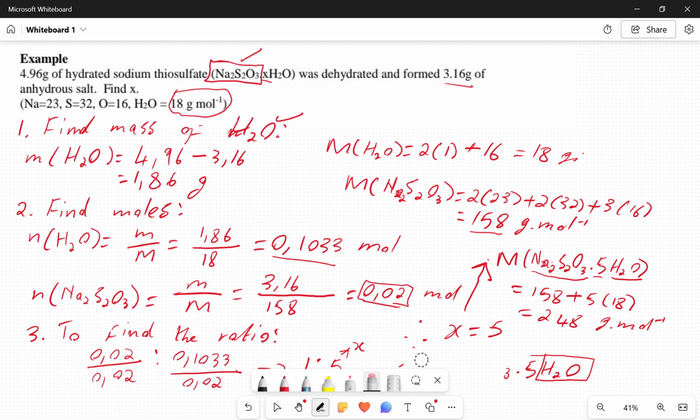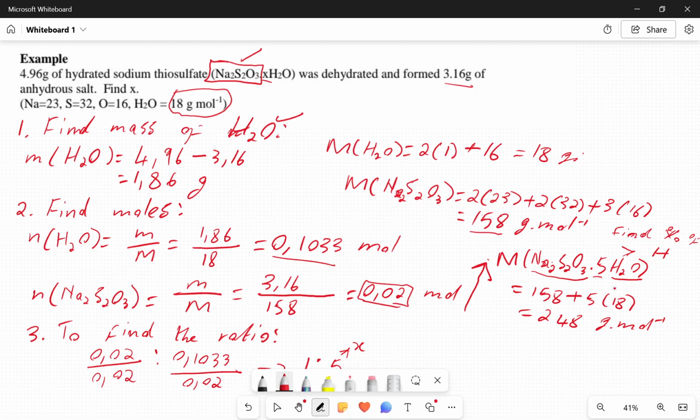If you want to see what I've just rubbed, you just go back and rewind. So I'll start by finding the total molar mass. Find the percentage of, not water guys, hydrogen. I don't know why I keep on saying water.